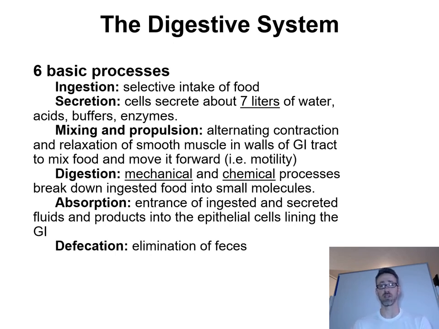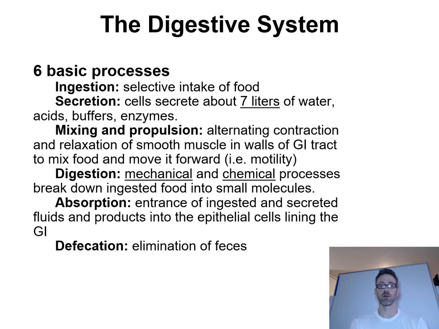But just to give you an example now, mechanical digestion would be an example like chewing your food. Would be the process in your stomach where you actually churn the food up. And so we'll talk about some of those examples. And chemical processes would be secretion of hydrochloric acid to activate pepsinogen into pepsin, so we can start to break down proteins into amino acids.